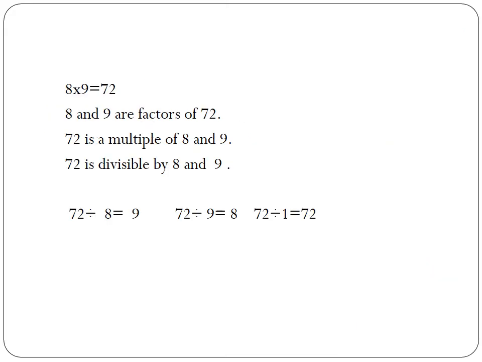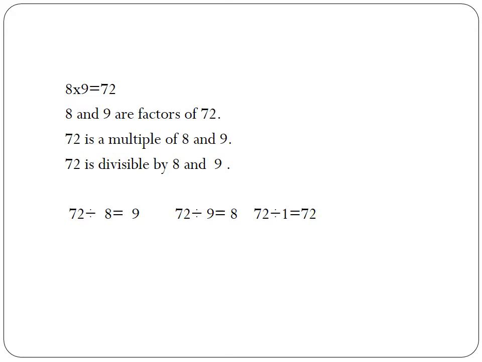Children, let's see one more example. 8 multiplied by 9 is equal to 72. 8 and 9 are factors of 72 because we can divide 72 by 8 without leaving any remainder, and 72 is divisible by 9 also. 72 is a multiple of 8 and 9. 8 nines are 72, 9 eights are 72.